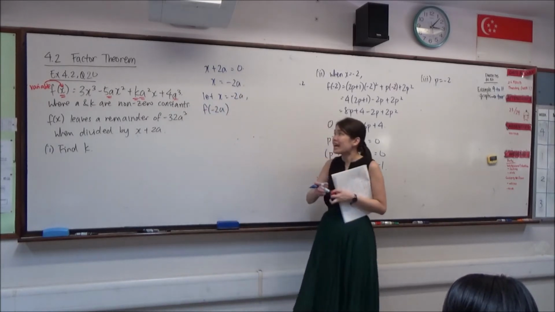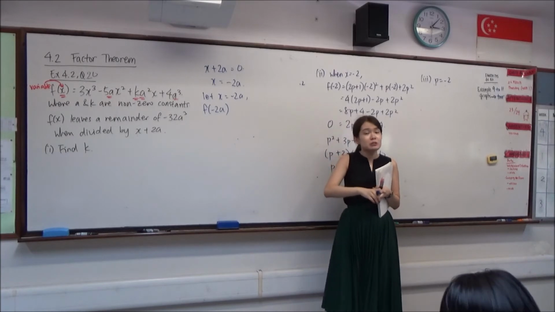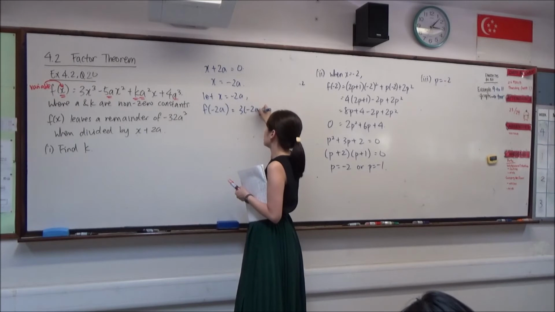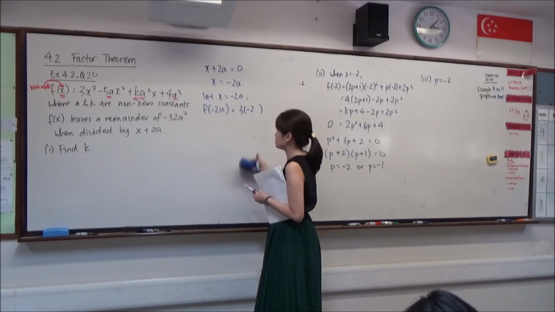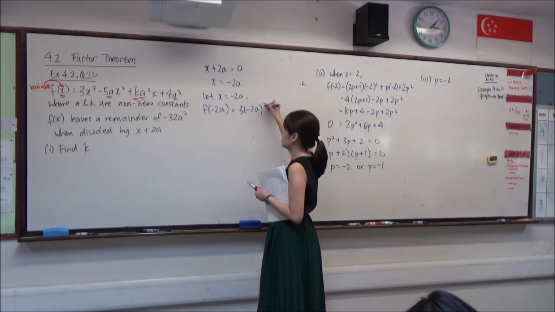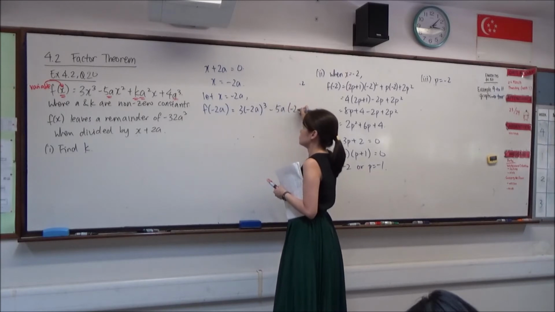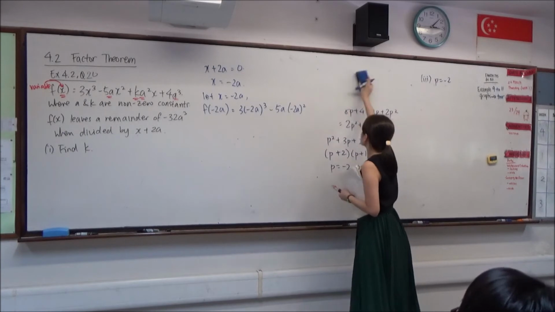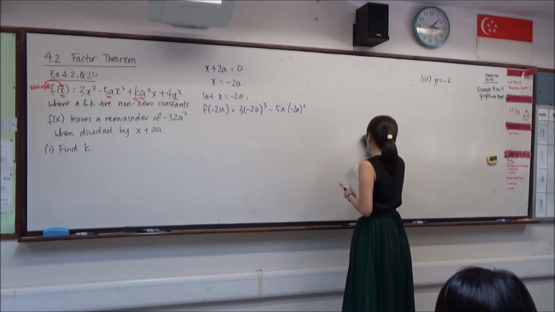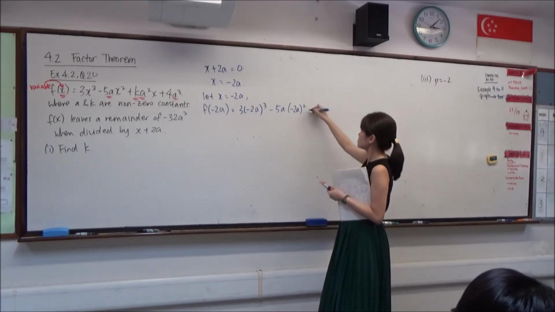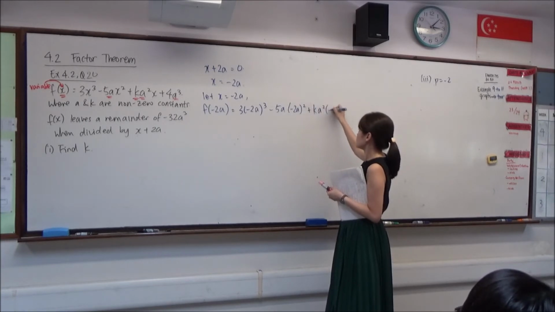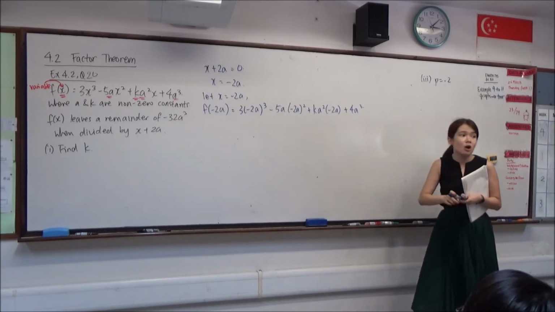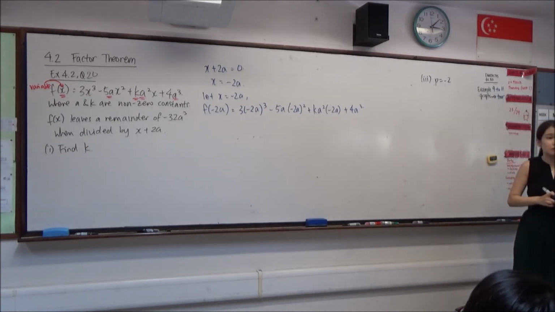So we let x equal negative 2a and substitute this into the entire function, and we only focus on changing all the x to negative 2a.